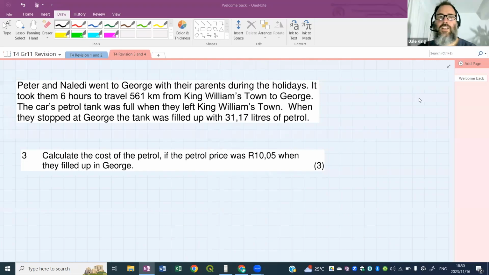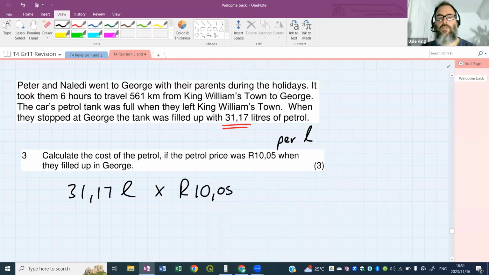All right, moving on. Let's check it out. We're getting answers here. Calculate the cost of the petrol if the petrol price was 205 cents a liter, they should have said here per liter, when they filled up in George. First of all, how much petrol did they put up in George? Some of you might have worked out for a full tank, but we know that they only put in 31.17 liters of petrol in George. So that's the amount of petrol that we've got to work with. It's 31.17 liters, and each liter costs 10 Rand and 5 cents.